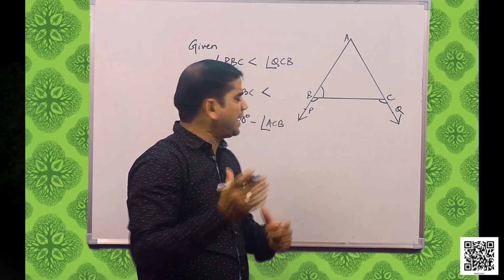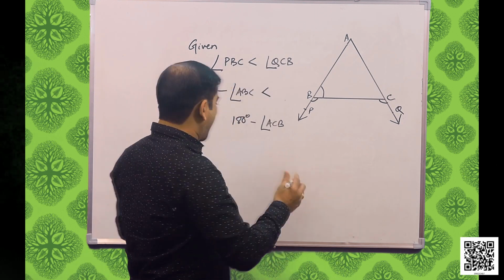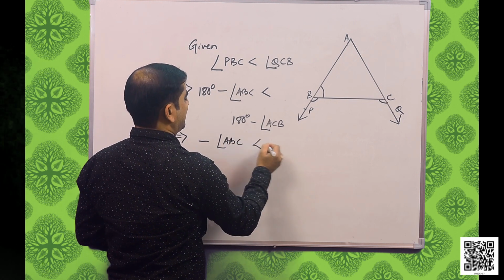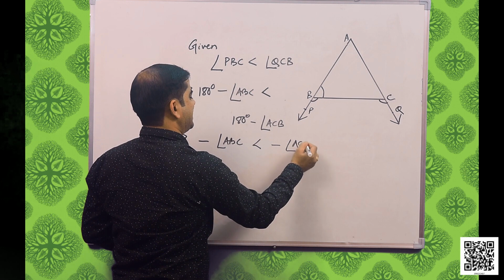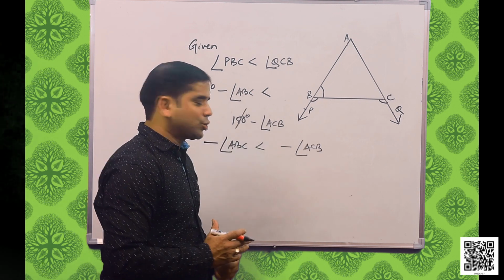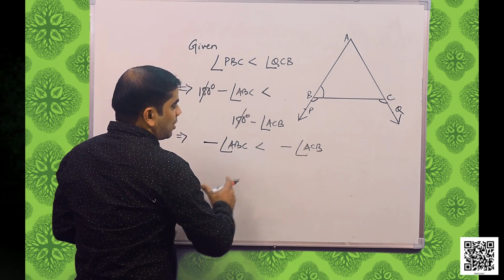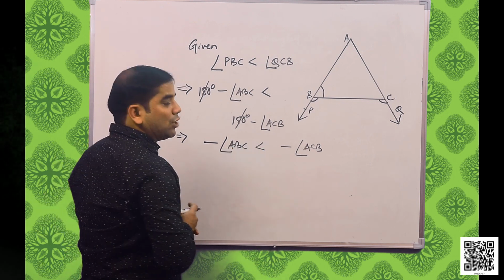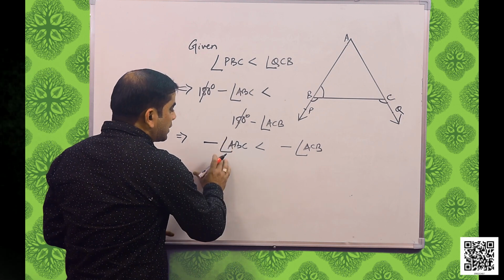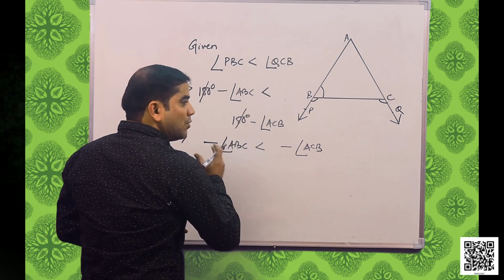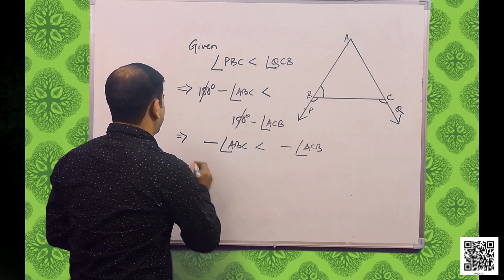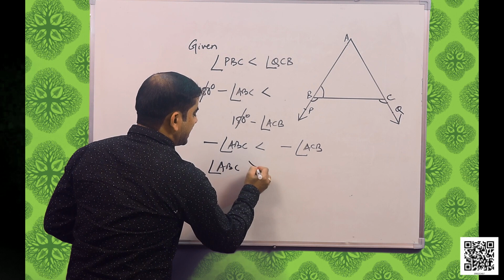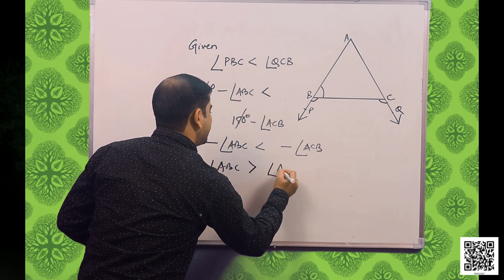Fine. What it implies? It implies minus angle ABC is smaller than minus angle ACB. So students, now we know that we have the smaller than sign over here. So to get the positive angles, when we interchange the position, we come to angle ABC is greater than angle ACB.